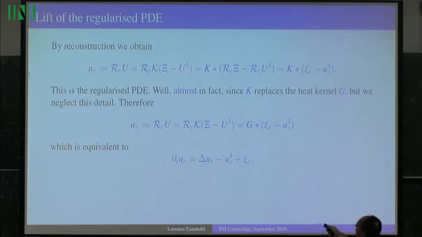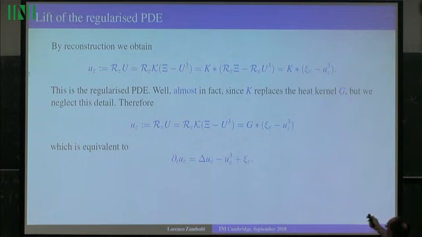So this is the convolution between K and R epsilon psi minus R epsilon U cube, and this is K convolution psi epsilon minus U epsilon cube. So this is the regularized PDE, apart from the fact that K replaces G, but we neglect this. Which is equivalent to that.